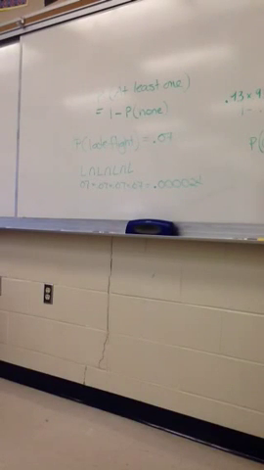And what did you do? 0.93 times 0.93. Good. So 0.93 squared, 0.865. Good. Okay. So the probability that I'm on time both times is that. What's the probability that I'm late both times? 0.0049.